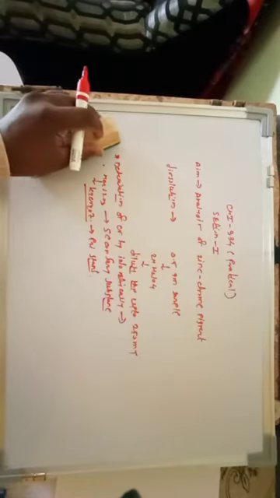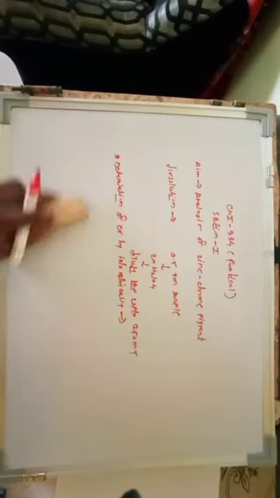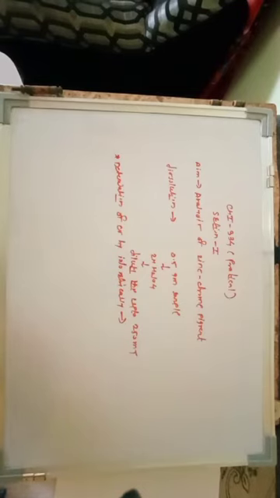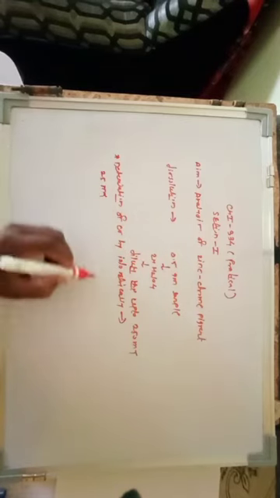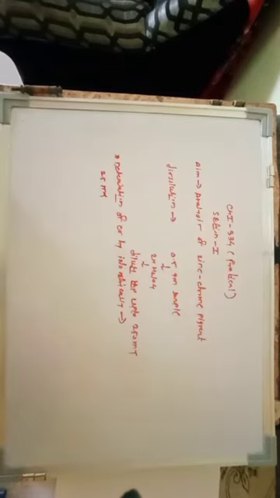So let us discuss the procedure for the determination of chromium iodometrically. The sample is dissolved and the solution is diluted up to 250 ml.